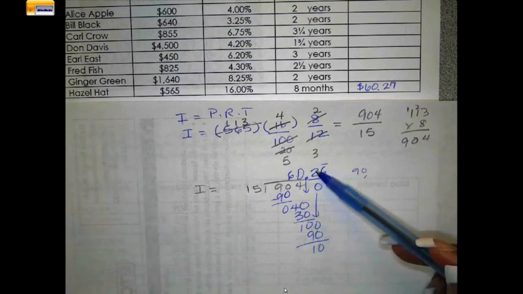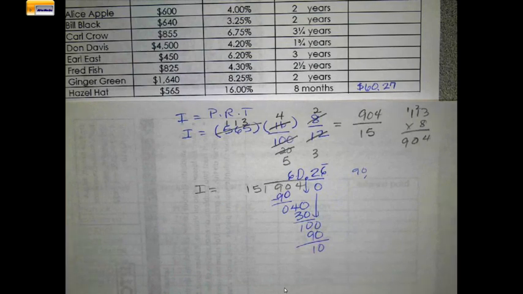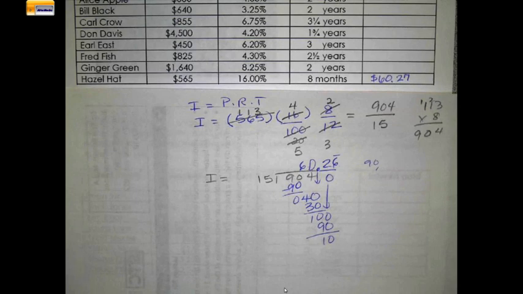That'll give me 30. The 5 is too big. Because isn't 5 times 15 75? So I don't know how you got a 5 there. Unless I did something wrong on my math.